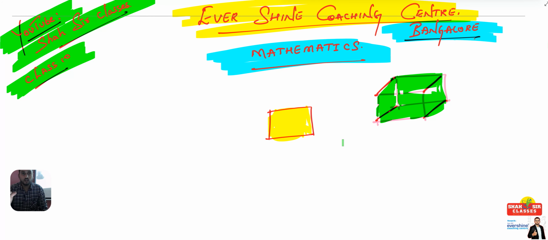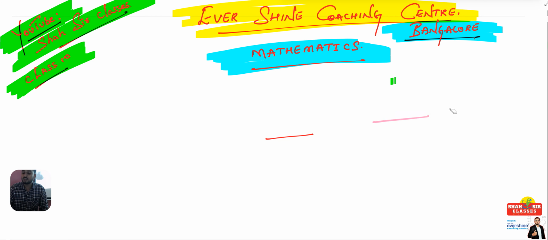And then again one more important topic related to the sphere, that is hemisphere. And at last you already know the topic, that is cube and cuboid, isn't it?